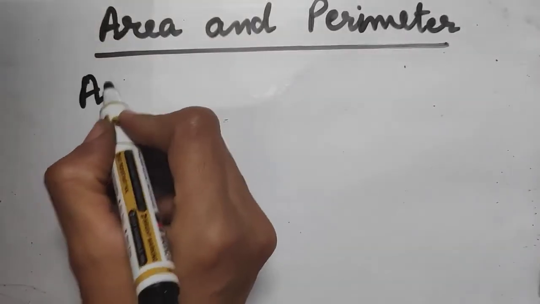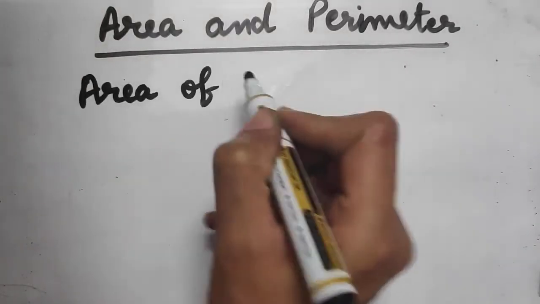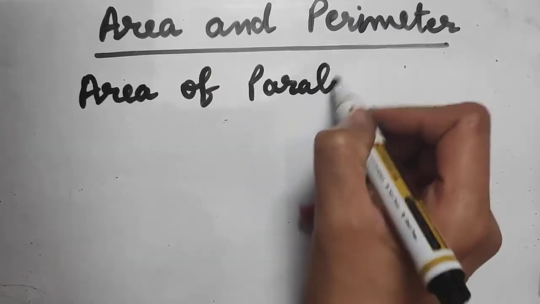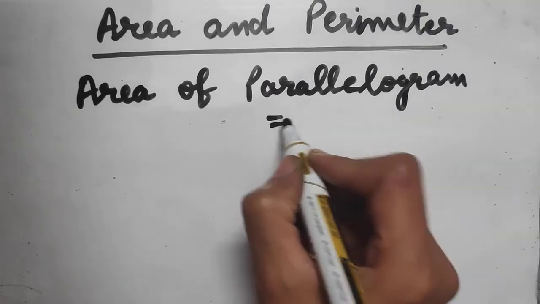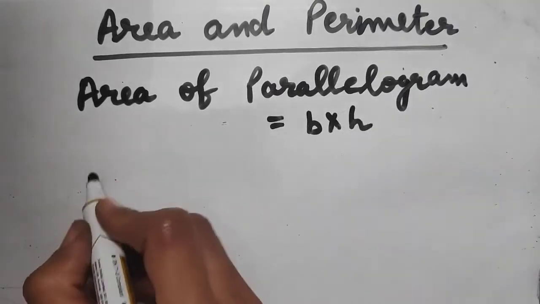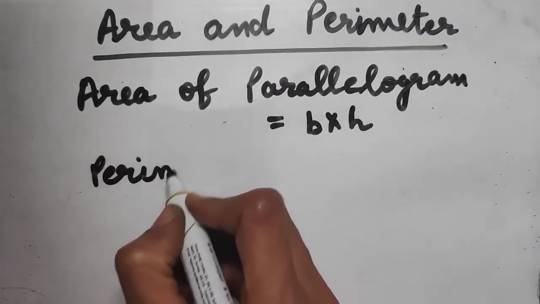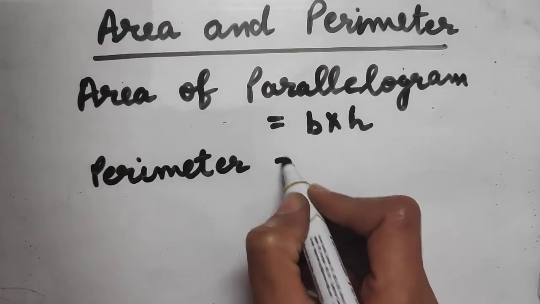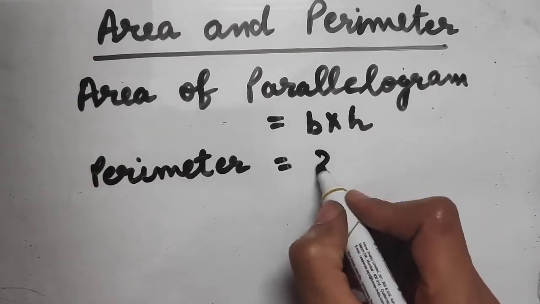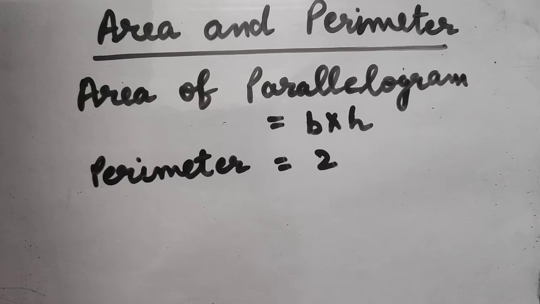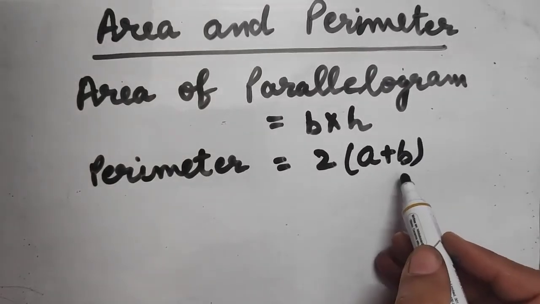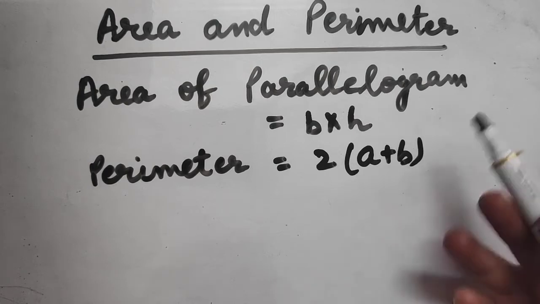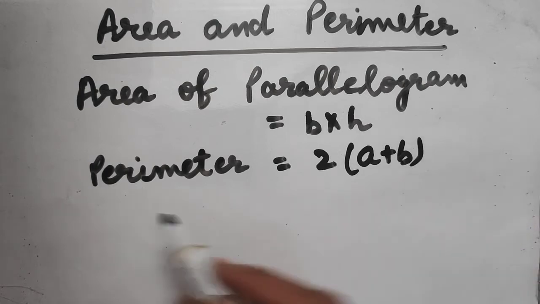Area of parallelogram is equal to base into height. Perimeter of parallelogram is equal to 2 bracket A plus B, where A is the base and B is the side of this parallelogram.